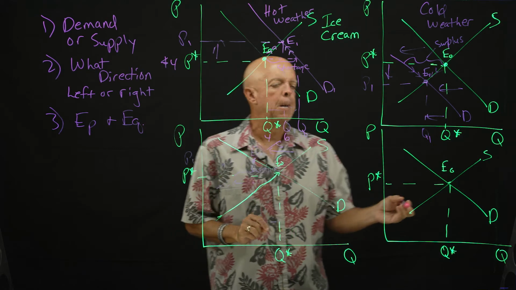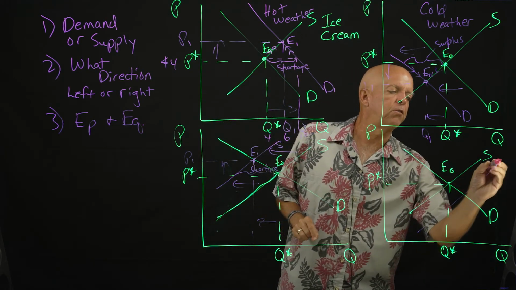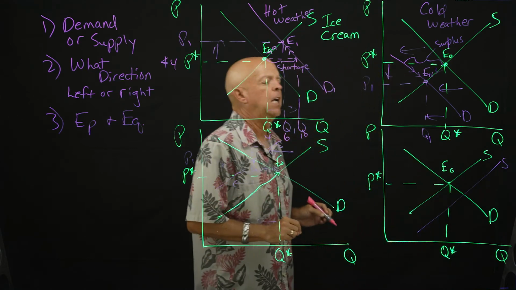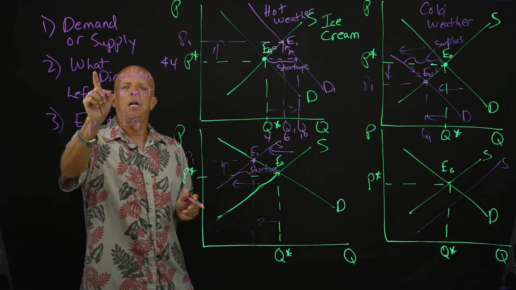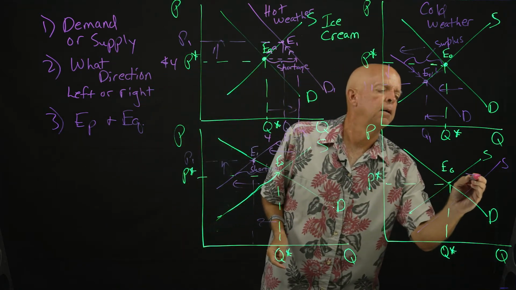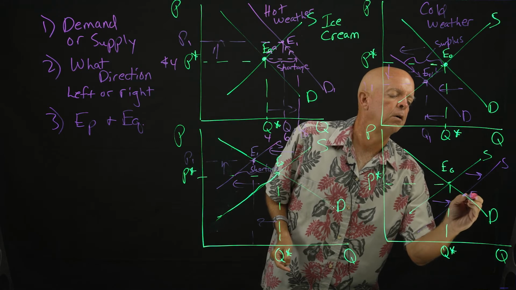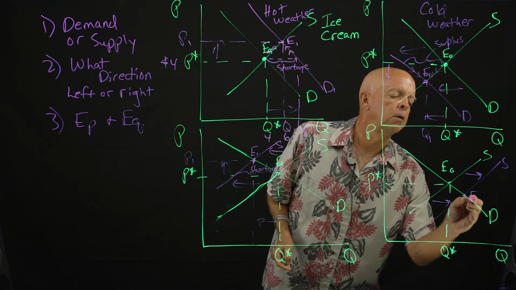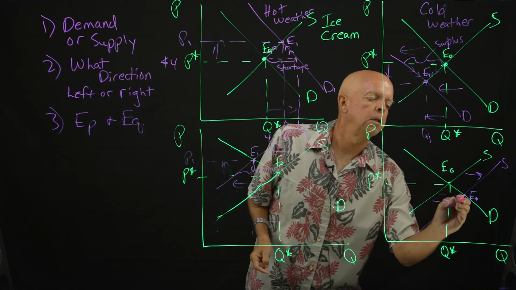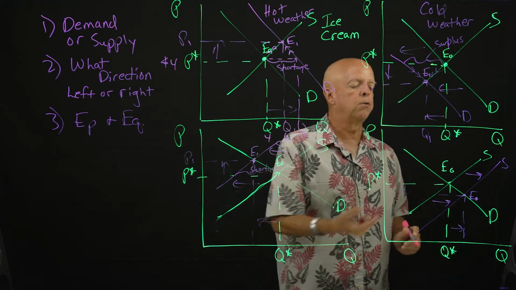Final case, a little different from the book. Let's say there are increased sellers of ice cream. Increased sellers is a shift to the right. That shift to the right means ultimately that the price will go down and the quantity goes up.